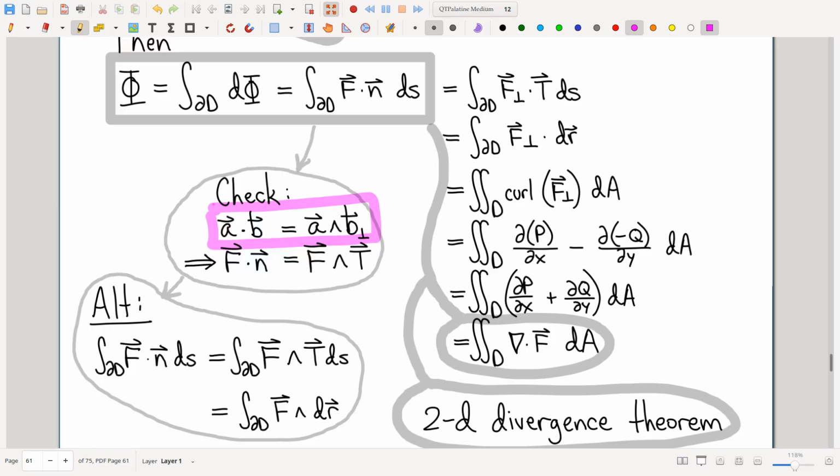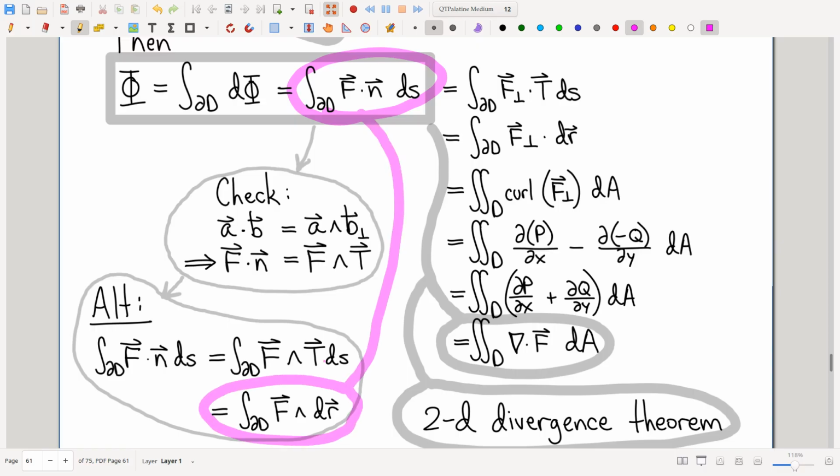But anyway, A dot B is A wedge B perp, and that allows you to turn this integral into this integral. It's just a different notational choice. Wedge dr. Honestly, I did not see this very much in my physics classes when I was y'all's age. So I don't know how much y'all are going to see this. But it is very compact. If you had to pick which of these is the simpler notation, I think you'd have to go with this. But being less common, you may want to just stick with that one up there. Anyway, it's a notational alternative.